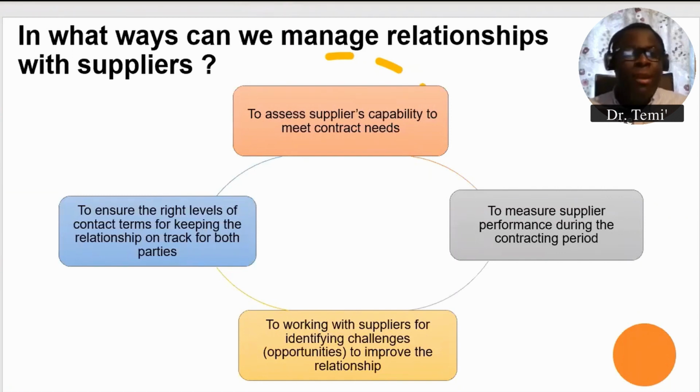For instance, you've been invited by the Department of ICT to help them purchase laptops with associated software. These laptops and software have some specific functionalities that the supplier should meet because the software must work perfectly on the laptops. Now, it doesn't mean that the supplier of the laptops should also be the supplier of the software.